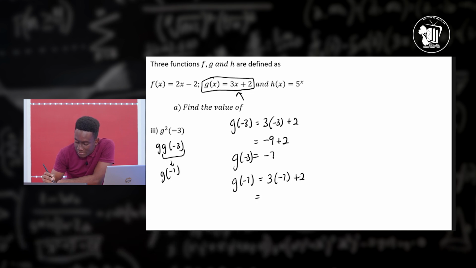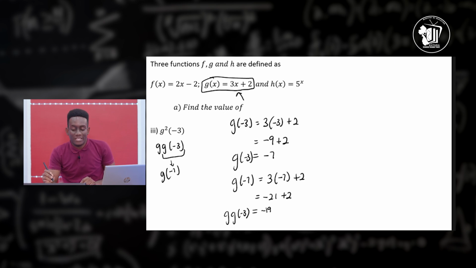So 3 times negative 7 would give me 3 times 7 is 21, so this will be a negative 21 plus 2. And negative 21 plus 2 would give me a negative 19. So to conclude, you can say g squared of negative 3 is equal to negative 19 as the answer.